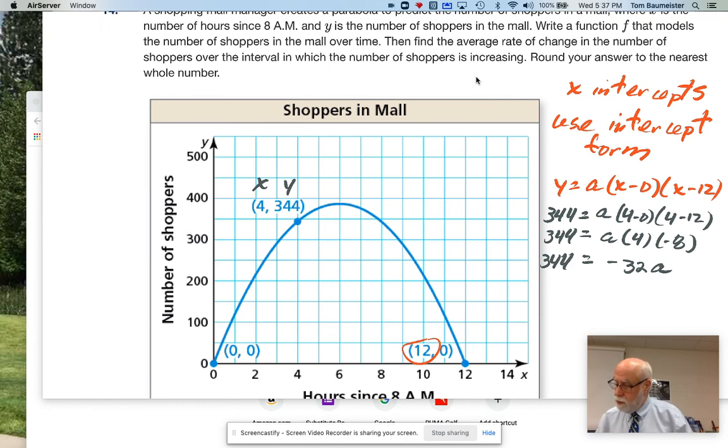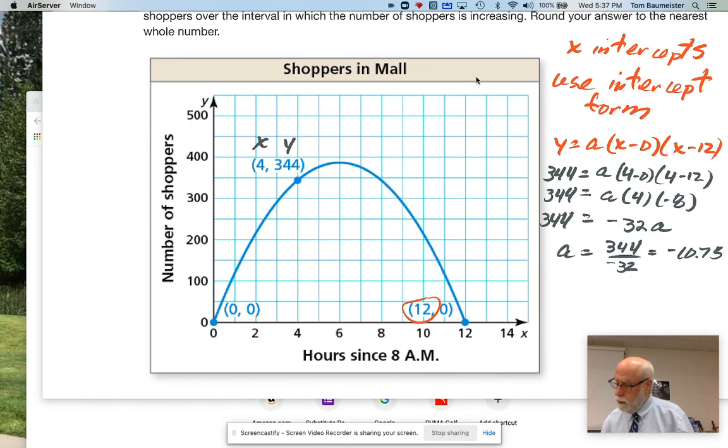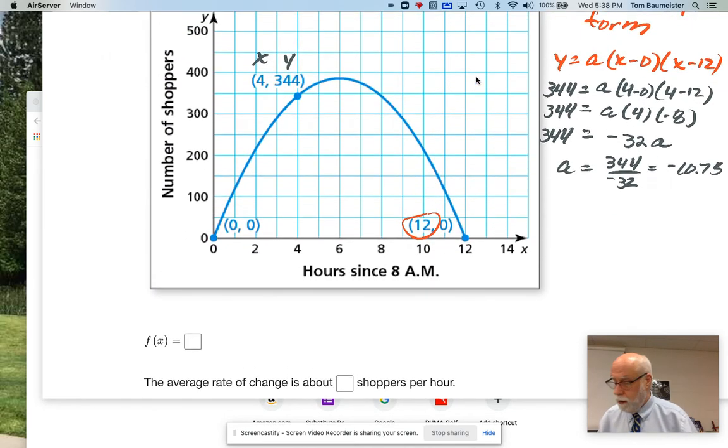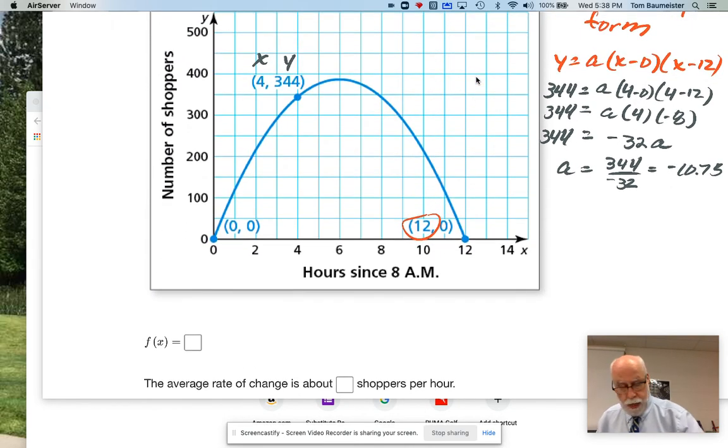So now I'll divide both sides by 32. So I'll get a is equal to 344 divided by negative 32, excuse me. And that will give you negative 10.75. All right. So that's going to be important for us because we have to write our equation. So our equation here would be negative 10.75.